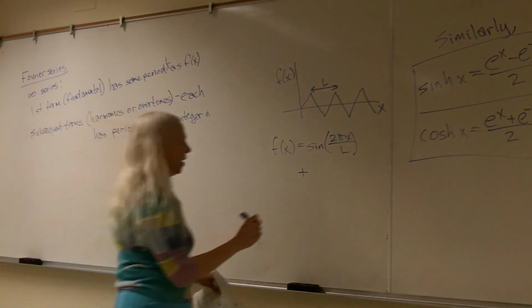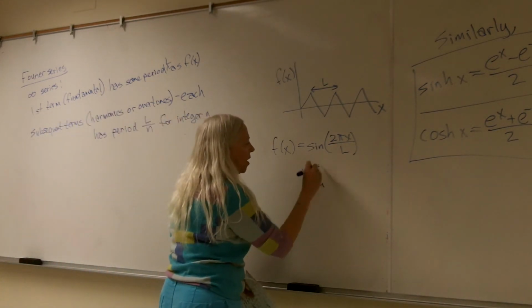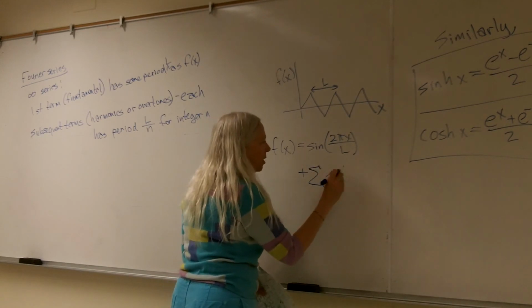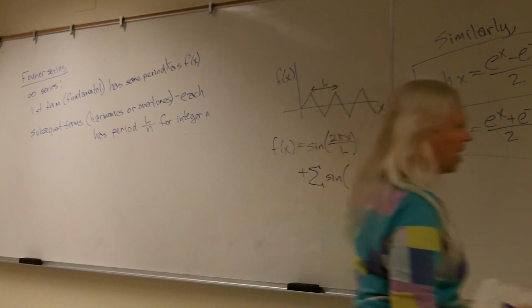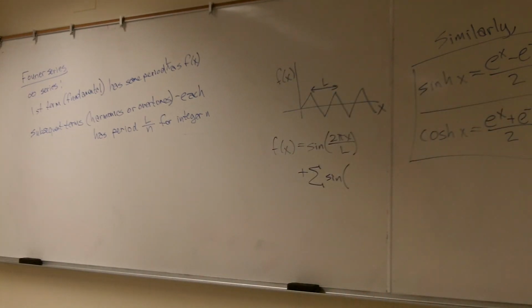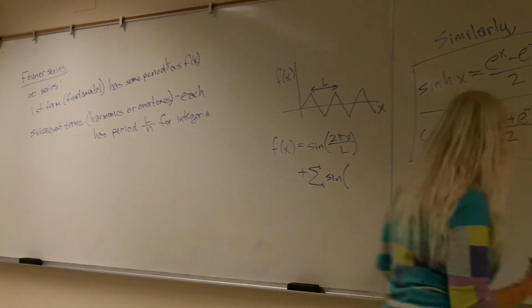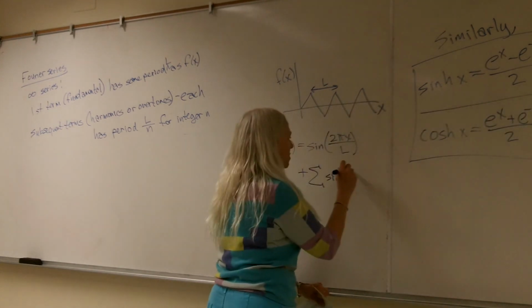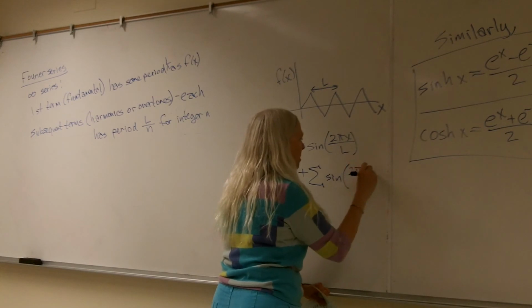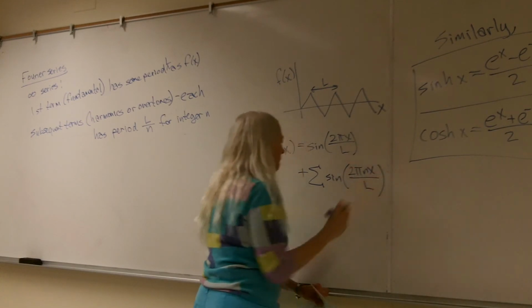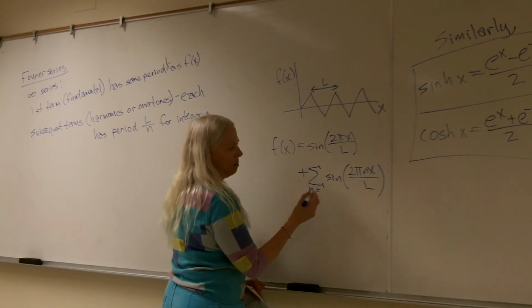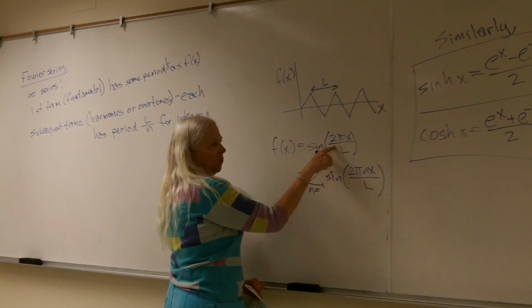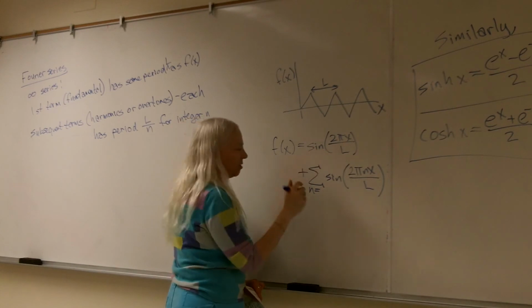Right? So there will be a sum of other terms that involve sines of, let's see, if the period is L over n, then I'm going to replace L by L over n here. So in other words, there will be terms that look like the sine of 2 pi n x over L. n will be summed from, well, n equals 1 would give me this term, which I already wrote separately.